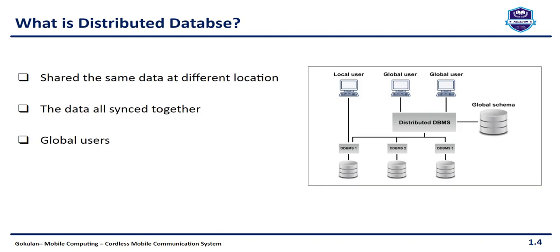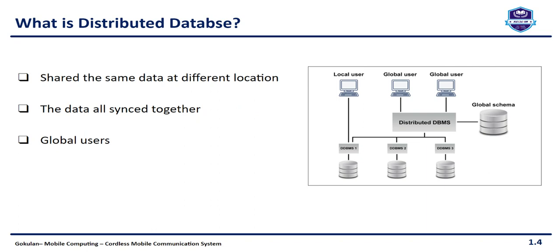Then, what actually is a distributed database? It is basically a database that is not limited to just one particular system. It is spread over different sites, that is, on multiple computers over a network of computers.